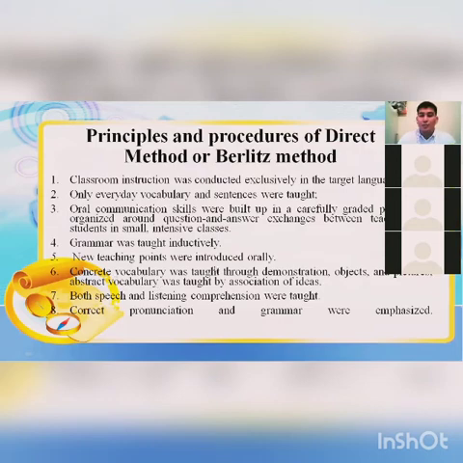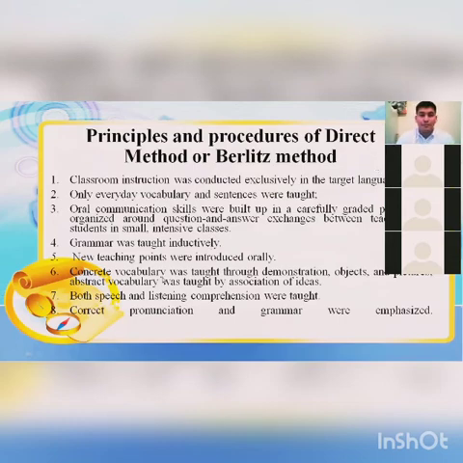Concrete vocabulary means concrete things, objects, and animals, for example. If we can find an animal to bring into the classroom, or we can find a picture of that animal, or we can bring an object, or show a demonstration, we teach new vocabulary to the students in this way.